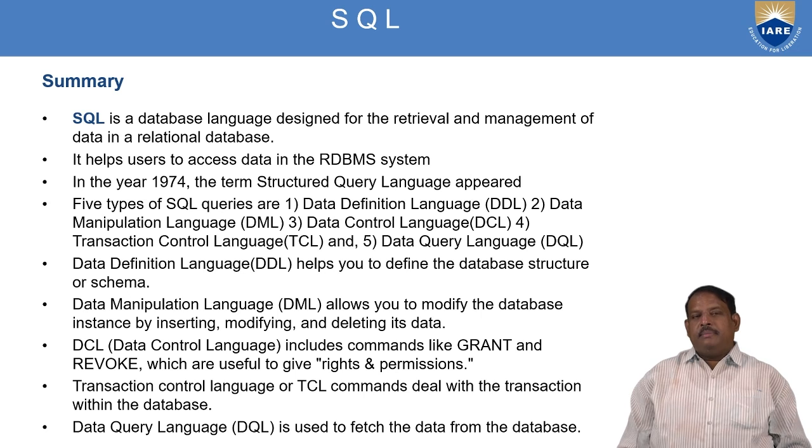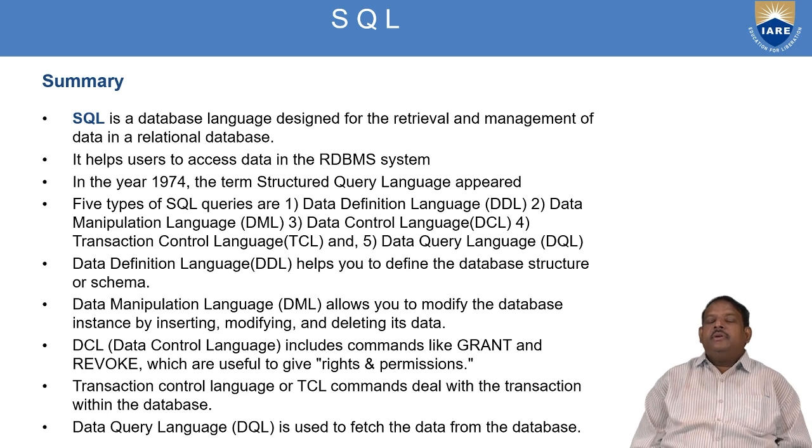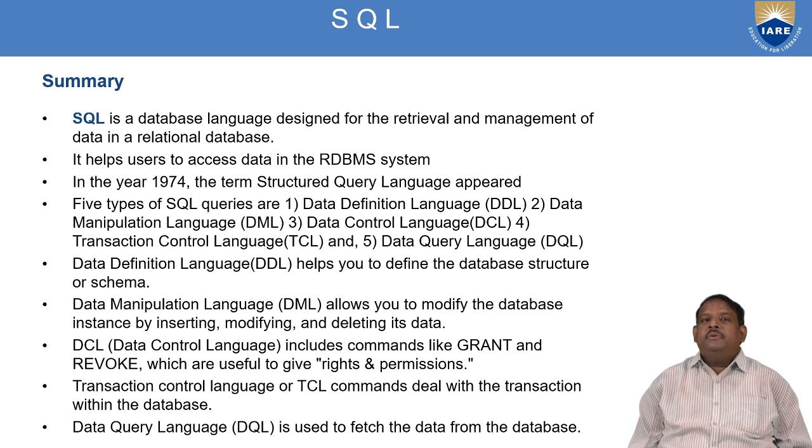At a high level, we'll see the summary. SQL is a database language designed for the retrieval and management of data in a relational database. So it is a language used to talk to a database for retrieval and management of the data. It helps the users to access the data on the system.